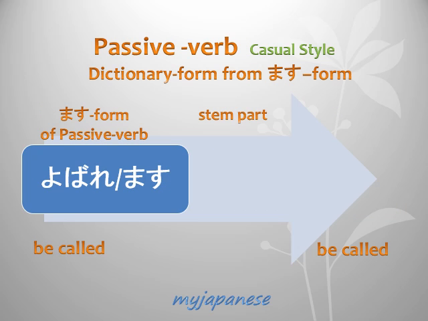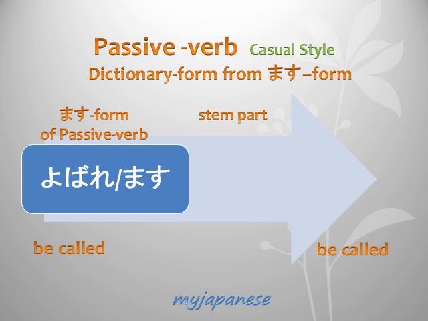Let's conjugate passive verb to make dictionary form. It's very simple actually, because despite the group the original verb belongs to, every passive verb conjugates as group 2. You remember how group 2 verbs conjugate?